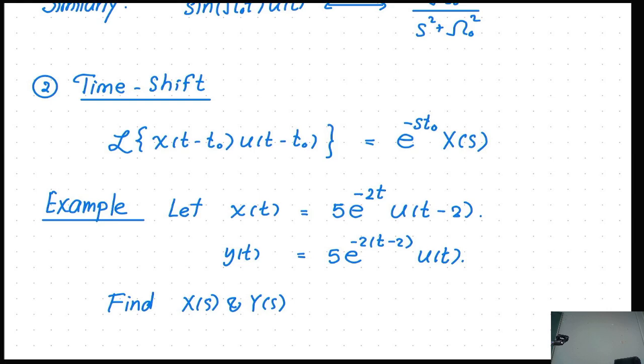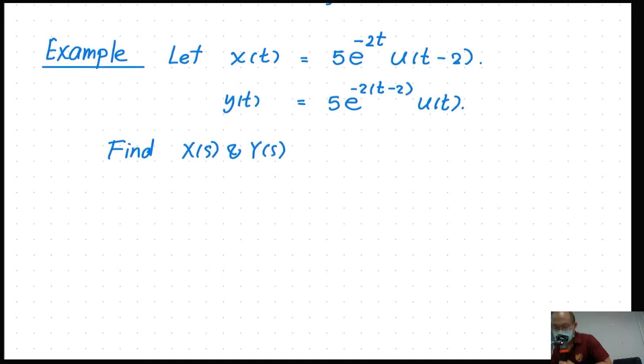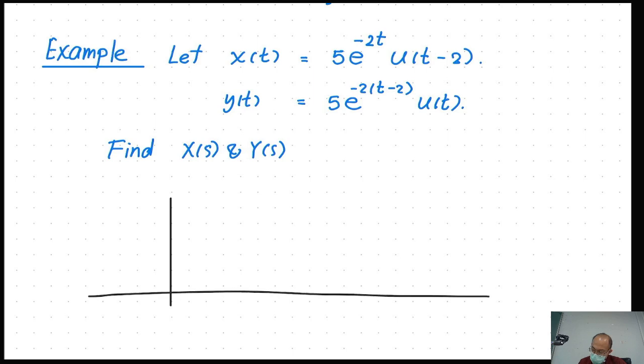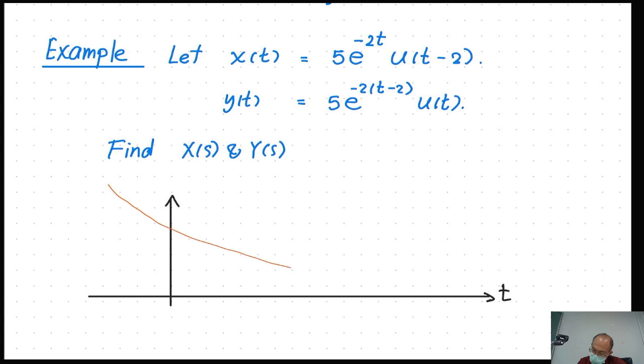So what is the difference between these two? If you draw a graph that depicts x and y, let's do x first. To do x, you draw the decayed exponential there.